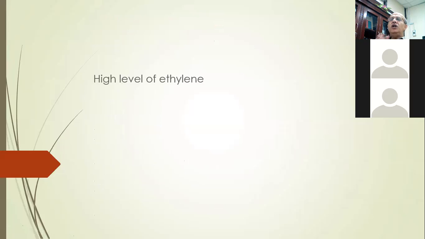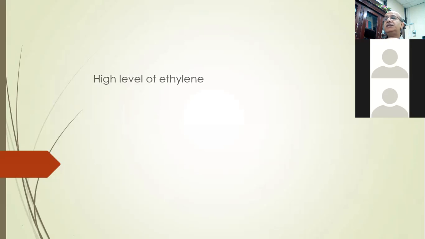And we have already discussed that whenever there is any stress, there is a high level of ethylene production. Ethylene we discussed at a lower concentration. Ethylene is a plant hormone which improves plant growth, and it is called a ripening hormone as well, which helps the fruit in ripening.